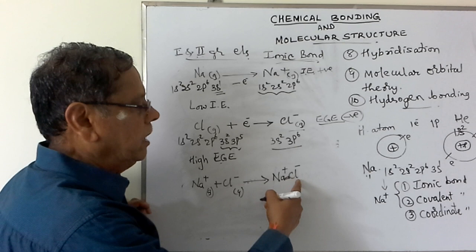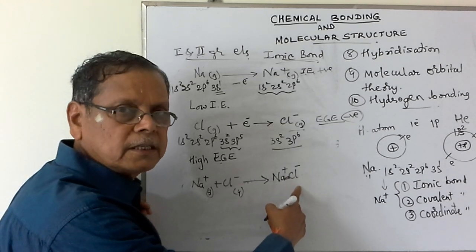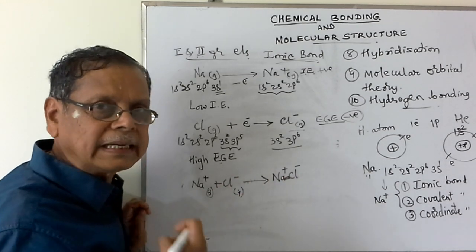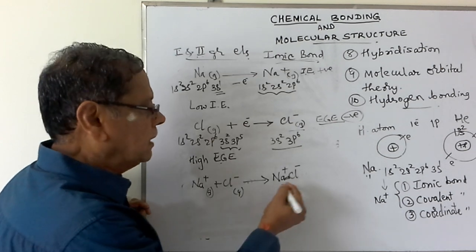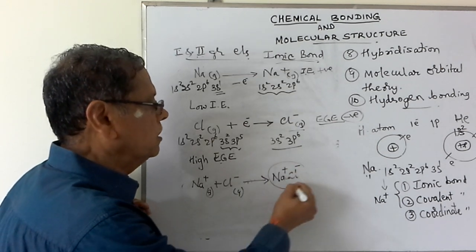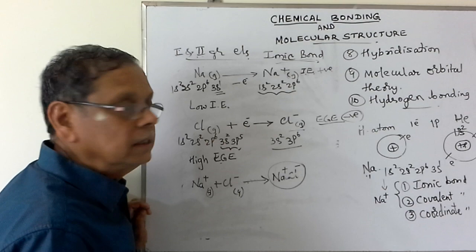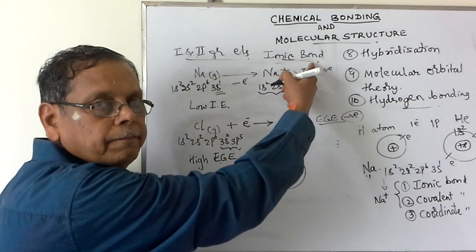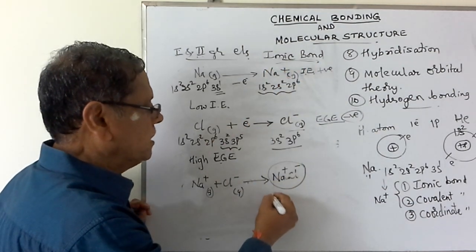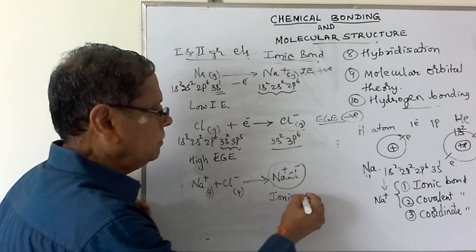That attractive force which results in the formation of sodium chloride is called the ionic bond, and such compounds are named ionic compounds.